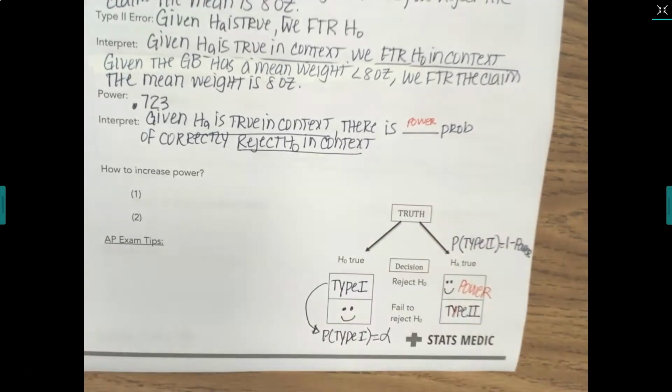If your alternative is true, you need to reject the null. And the probability of that happening is whatever power is.